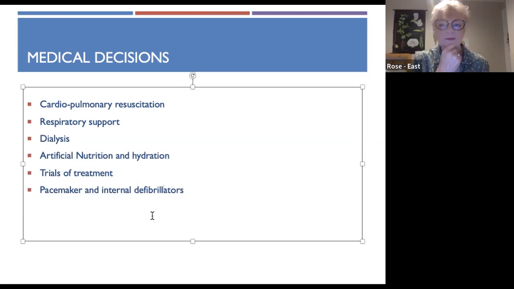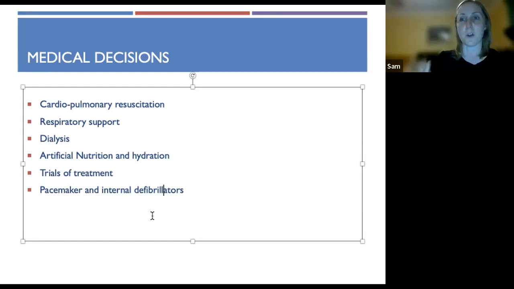If someone goes into an irregular rhythm, it will give you a shock in an attempt to get you back into a rhythm. However, if you are dying and your heart is failing, it will just repeatedly shock you. And it is very unpleasant. So an internal defibrillator would actually create an uncomfortable death for somebody.